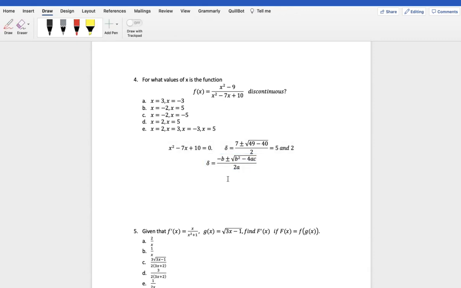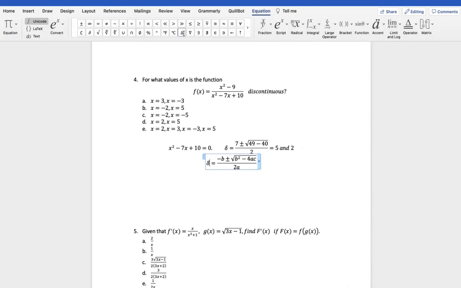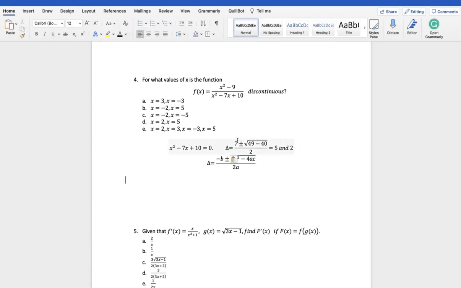You guys know this, right? Yes, we do. So that's what I'm applying here. It's just that you guys might be more used to the other delta form. It's the same thing. But this is what you're doing.